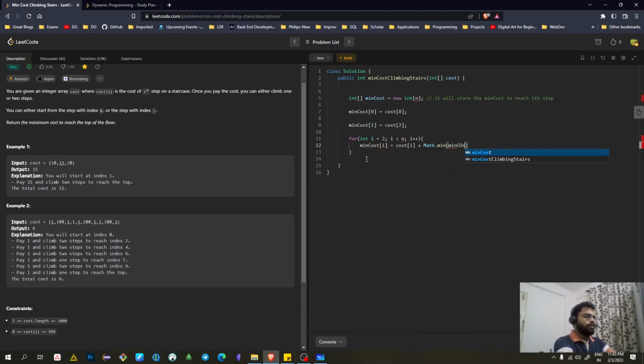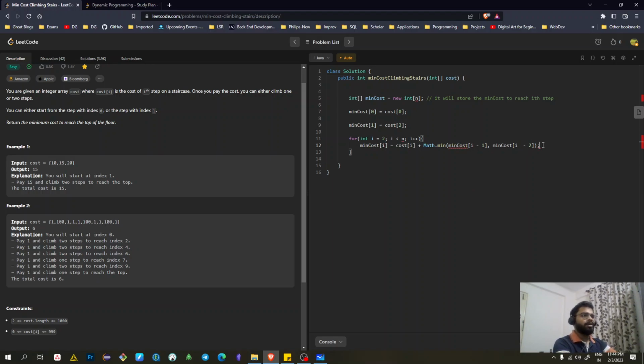So whichever of the previous two steps had a smaller cost, that will be used to reach this step, because we can take only one or two steps.